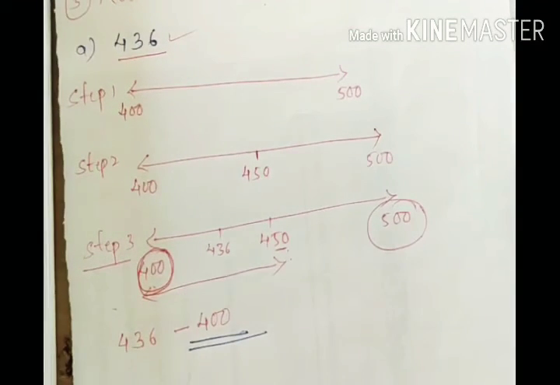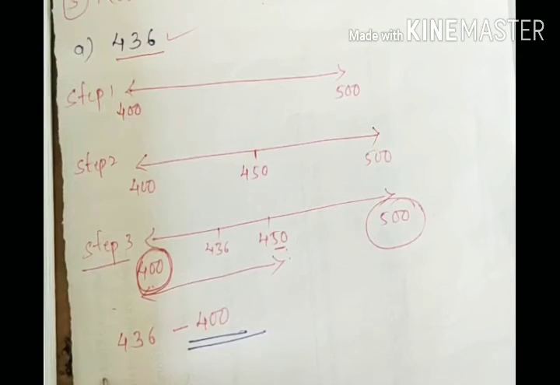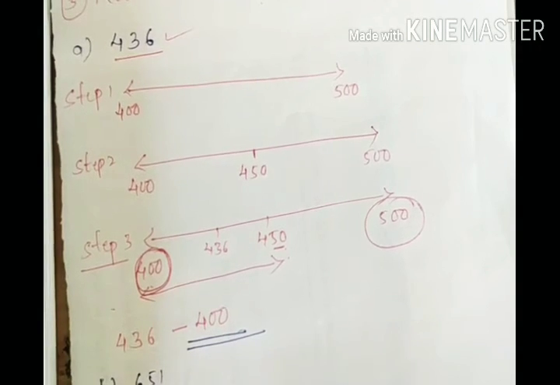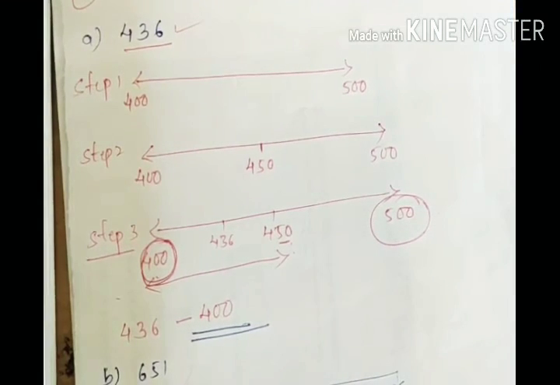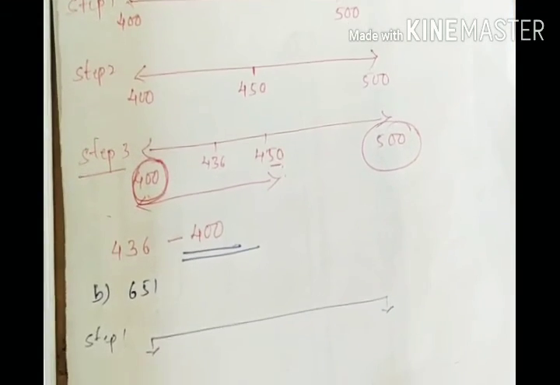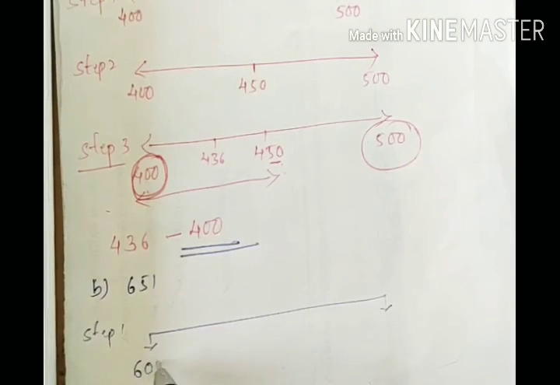And one more example I will give you. In the second one, the given number is 651. So the same steps. Step 1, find the two nearest hundreds, because they asked for hundreds. So 600 and 700.